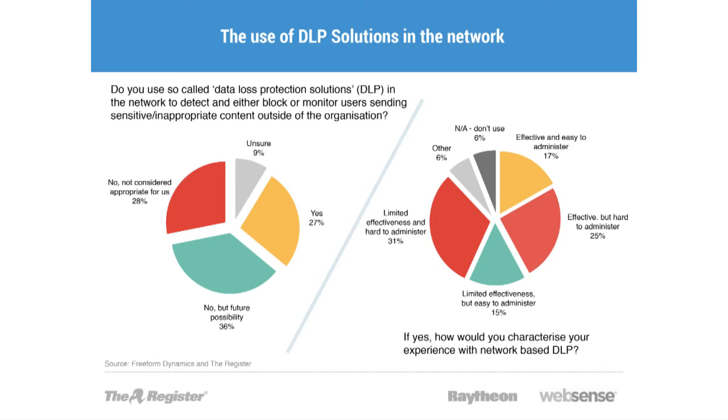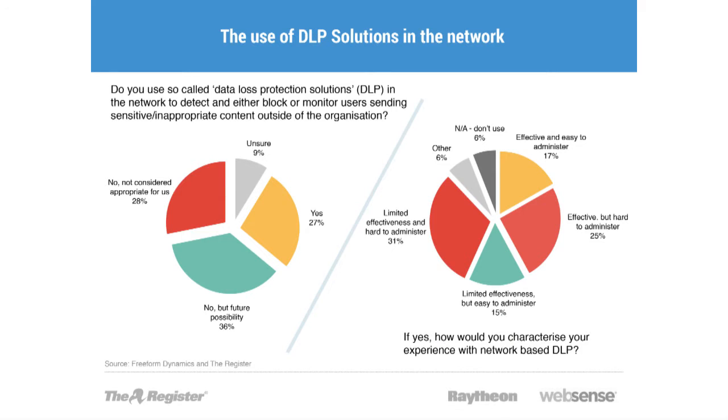And when we looked across to the other side, asking if you have used DLP, what's been your experience of it, you can see there's quite a lot of difference in the opinions. There's a small number that say, yep, it's really effective, really easy to do. Some almost equal numbers saying it's really effective but difficult to do, and lots of people saying it's not effective at all and easy to do, or it's not effective and really difficult to do.